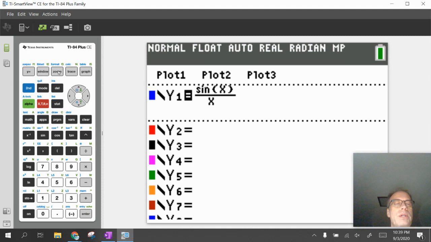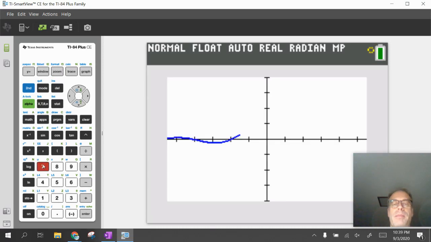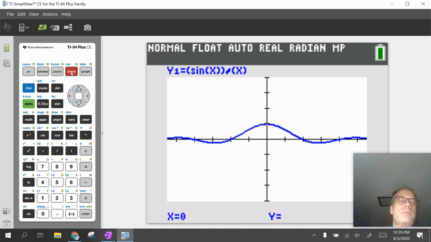Next thing I need to do is I need to go zoom, and one of the nice features here is something called zoom trig, which is 7. I'm going to pop that in place, and I'm looking at this and I'm going to say, cool. And I'm going to ask you to find the limit as x approaches 0. You're going to say, that's easy, Mr. Johnson. All I have to do is hit the trace button. And I can take a look, and I can say from the right, as I get closer and closer, it appears that I'm closing in on a value of like 1.